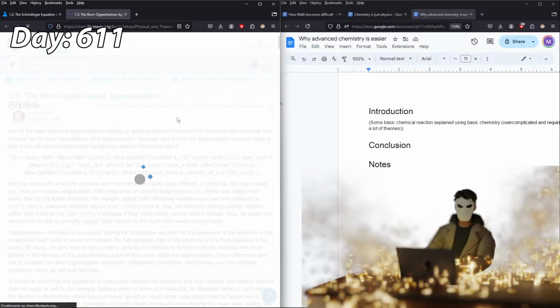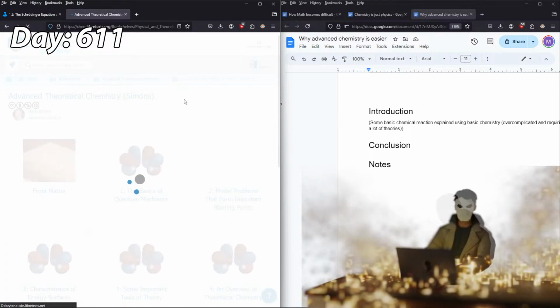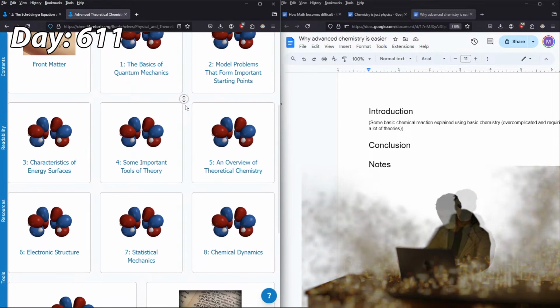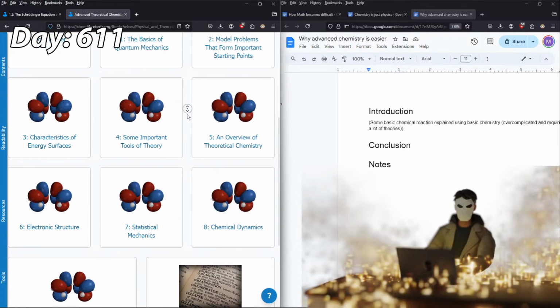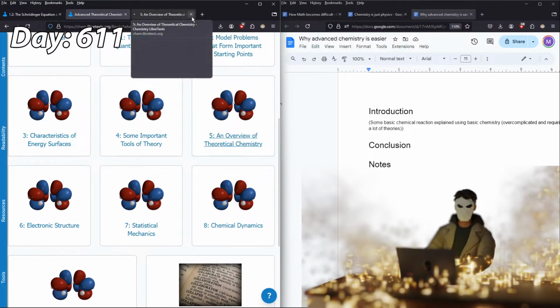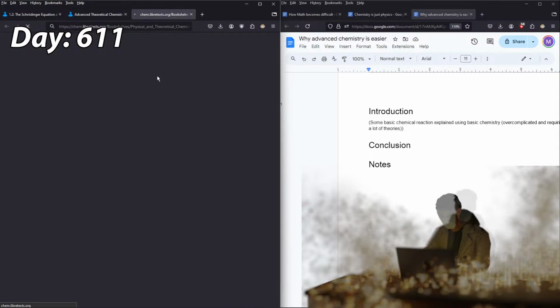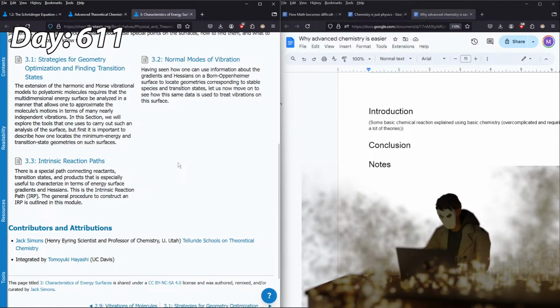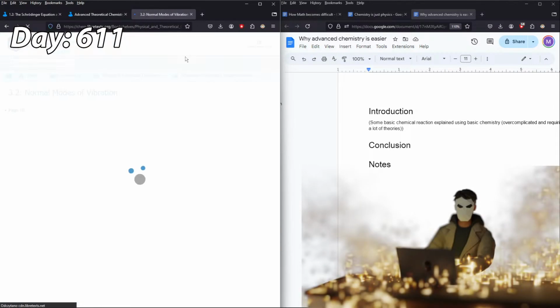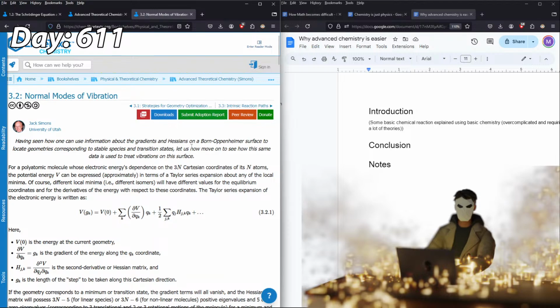Let me peek ahead. This is advanced theoretical chemistry. Once again, I don't want to make another physics video, though. I've had enough physics. To be fair, this will be very heavy on physics. There will be plenty of physics there.